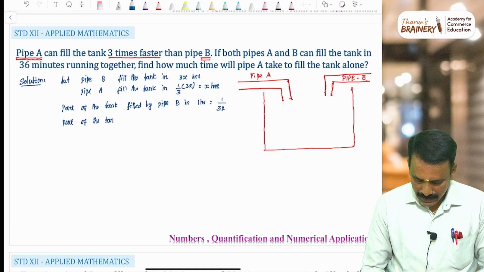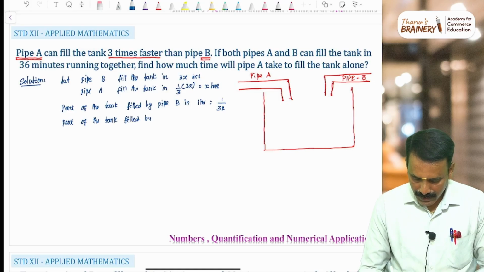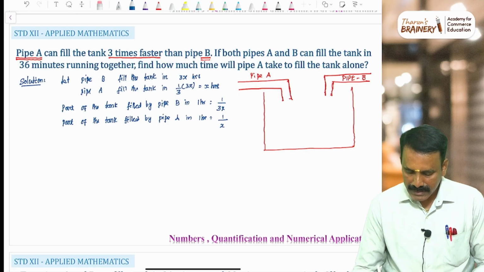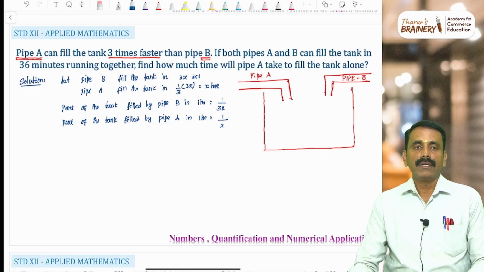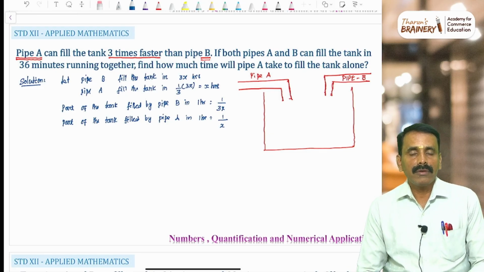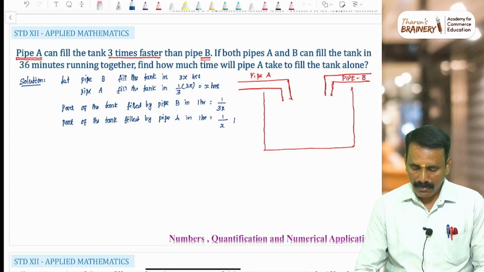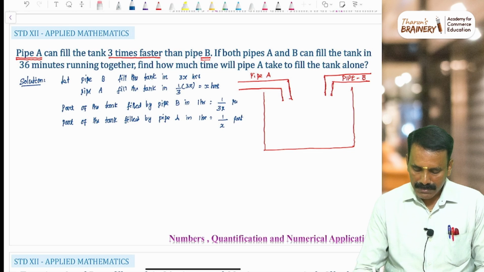Part of the tank filled by pipe A in 1 hour will be 1 by x, because it takes x hours to fill the tank. So in 1 hour it will fill only 1 by x part. Okay, and this is 1 by 3x part.